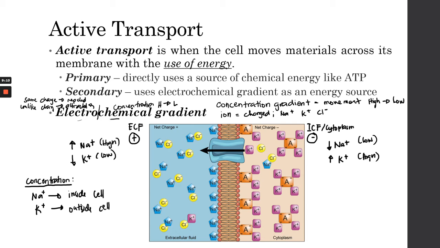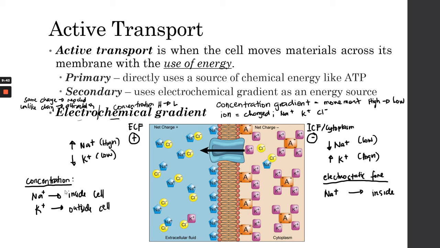But that's not the only force acting on these ions. There's also what we call the electrostatic force. In the electrostatic force, because the inside of the cell is negatively charged, sodium ions would usually want to go inside of the cell as well.